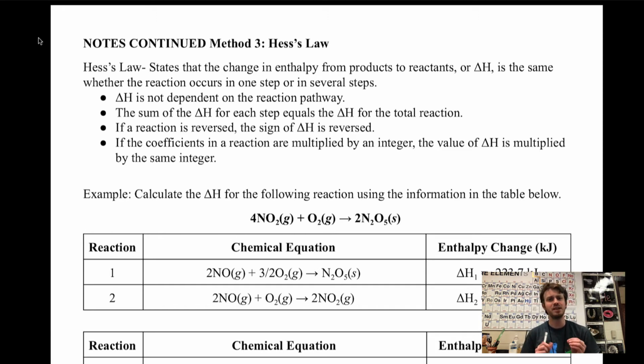That means that we can look at the sum of the different paths that the reaction can take to figure out the delta H. When we reverse a reaction, we need to make sure that we reverse the sign of delta H. If we multiply the coefficients by an integer or a fraction, then we need to make sure to multiply our delta H by that same integer or fraction.